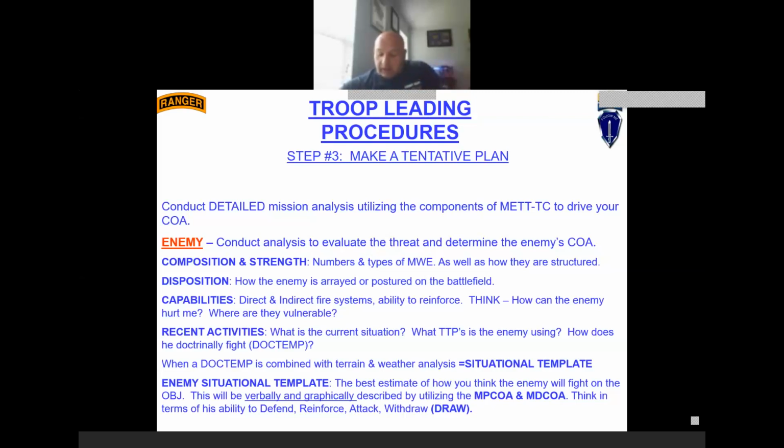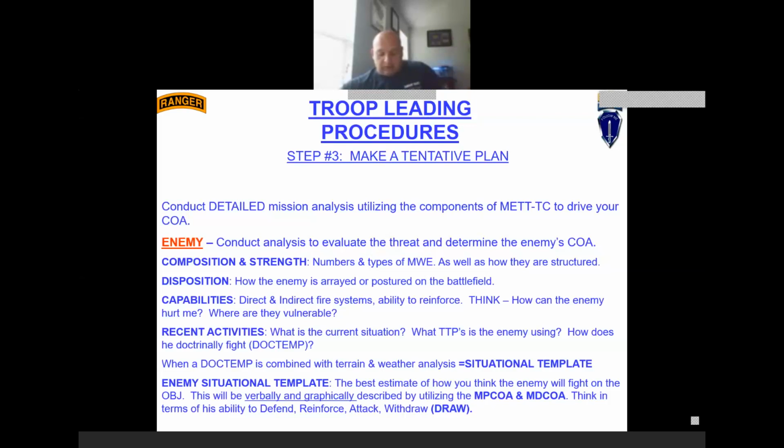As PL, you must think: how can the enemy hurt me? Where is the enemy vulnerable so I can hurt them? Recent activities. Gaining a complete understanding of the enemy's intentions can be difficult when using doctrinal templates if composition and disposition are unclear. In such cases, the enemy's recent activities must be understood because they can provide insight into his future activities.